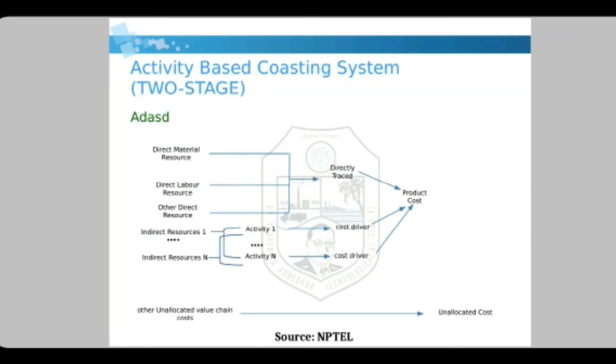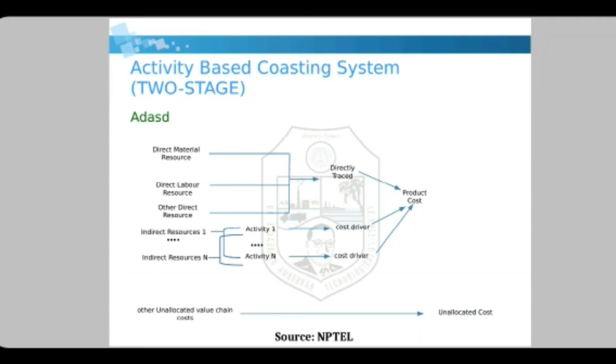So directly traced costs are direct material resource cost, direct labor resource cost, and other direct resource cost. So that can be directly traced, like material cost will be directly traced depending upon how much material we are buying. Labor cost can be directly traced depending upon how much labor we are taking into consideration.